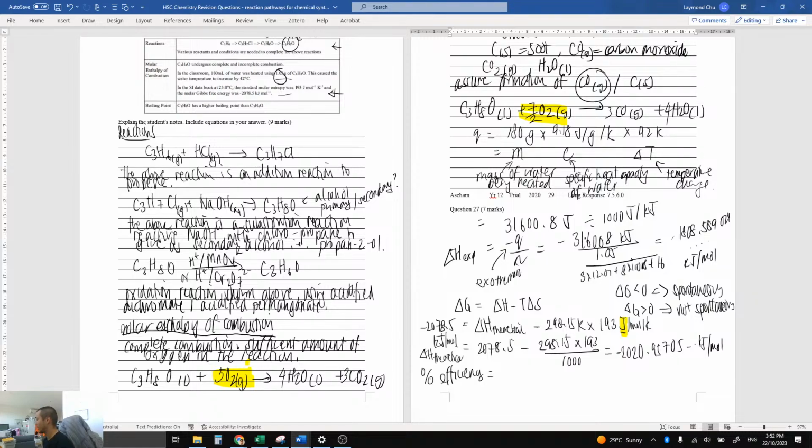So what we do here is the experimental over the theoretical, which is 1808.589... over negative 2020.95705, and as a percentage, on the calculator, 98.4917%.